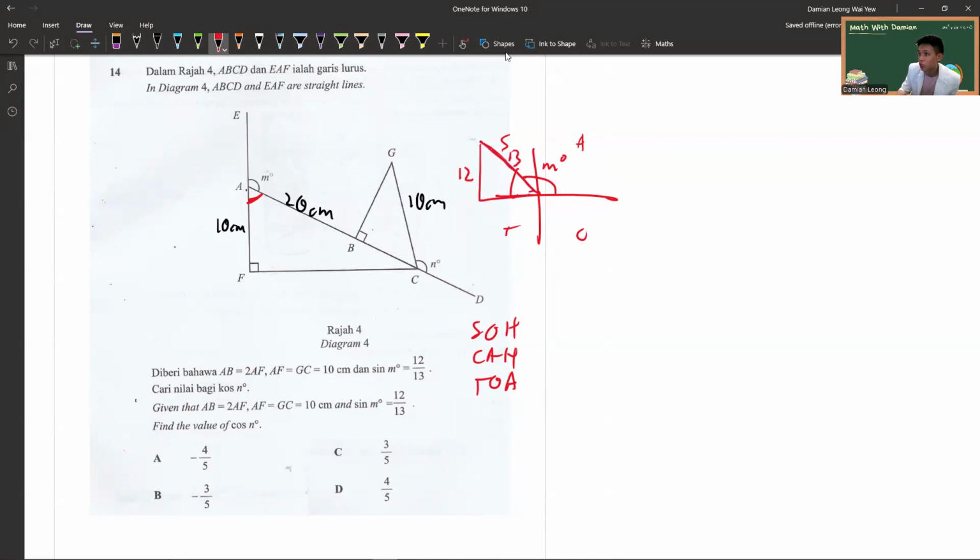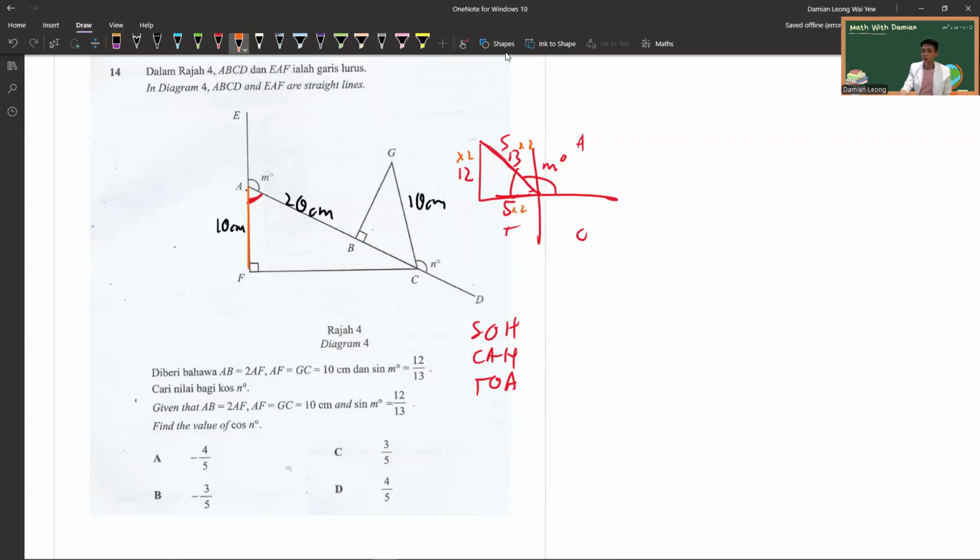So the adjacent would be 5, which I have the adjacent here being 10. Okay, so if this is 10, I should double each of the lengths here. So it's 10, 24, and 26.